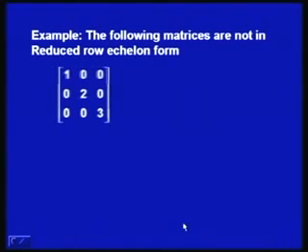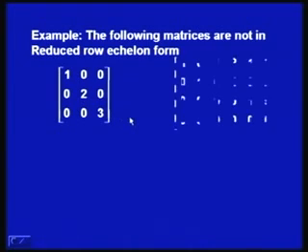However, this matrix is not in reduced row echelon form because this is a leading one, but this value is 2. This should be the leading one in this row, but the value is 3 here. So this is not in reduced row echelon form.